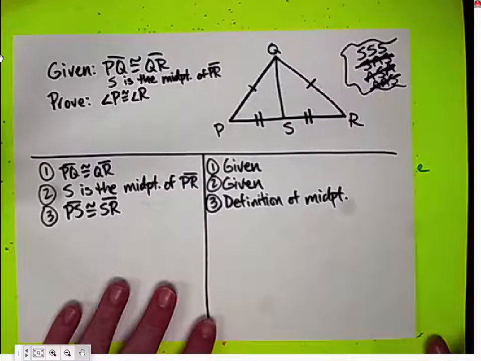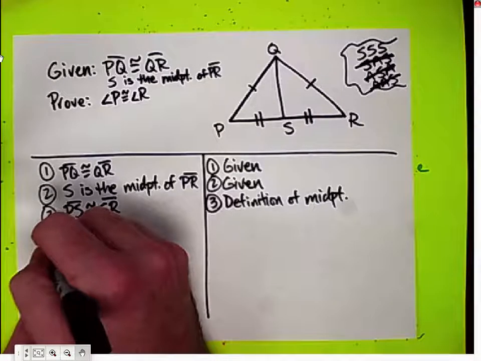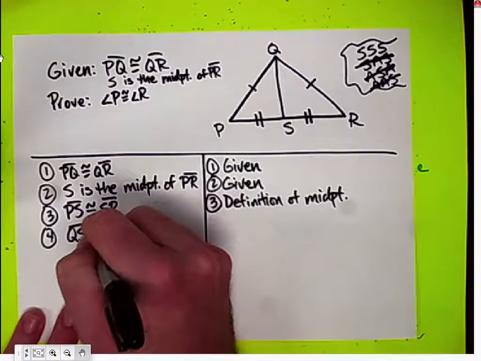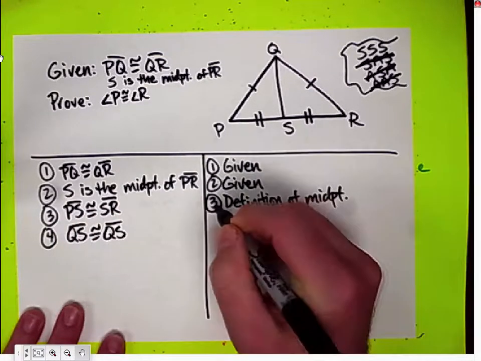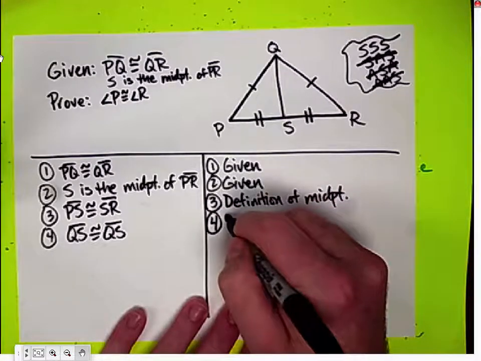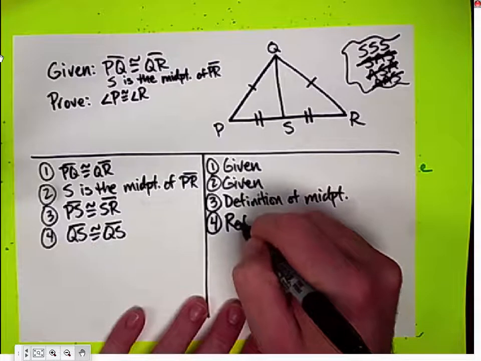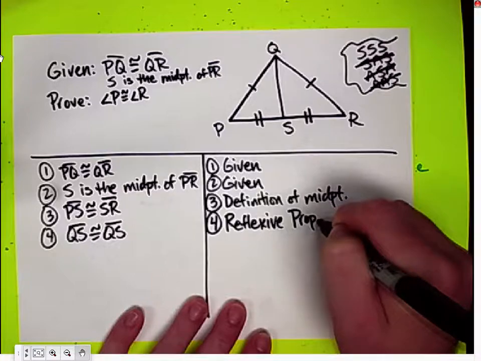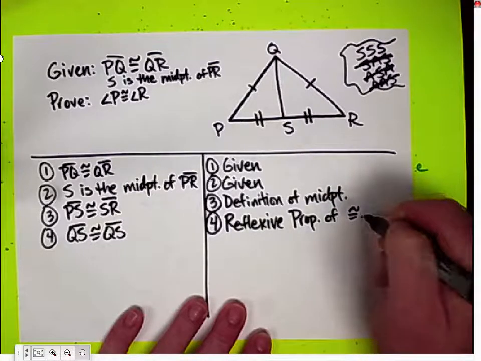Are those two sides congruent? Why? Because it's the same thing. QS is congruent to QS. What's the reason? Reflexive property of congruence.